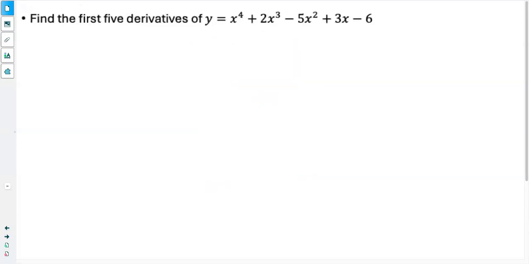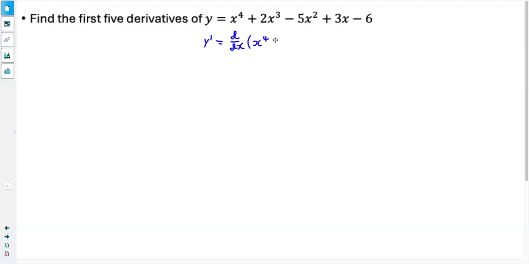Okay, so we'll look at one where we're doing more derivatives. So we're looking for the first 5 derivatives of y equals x to the power 4 plus 2x cubed minus 5x squared plus 3x minus 6. So our first derivative, we just take the derivative of everything.